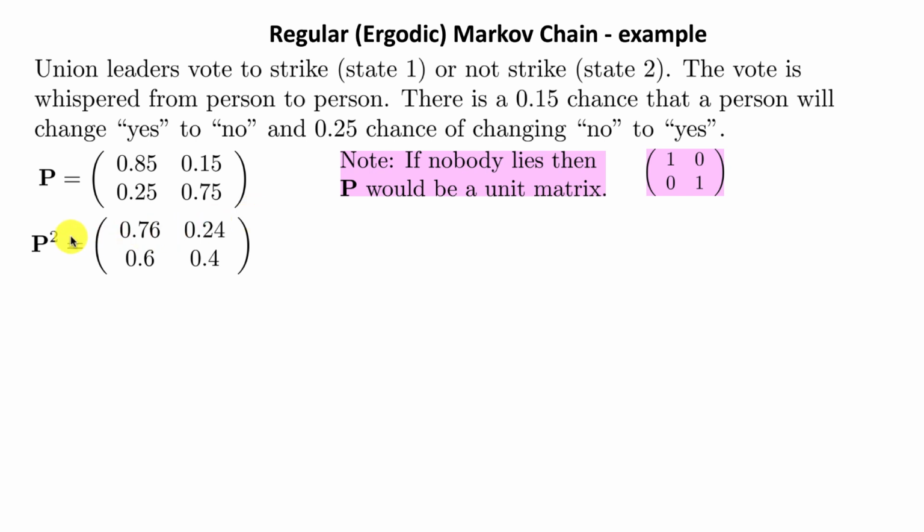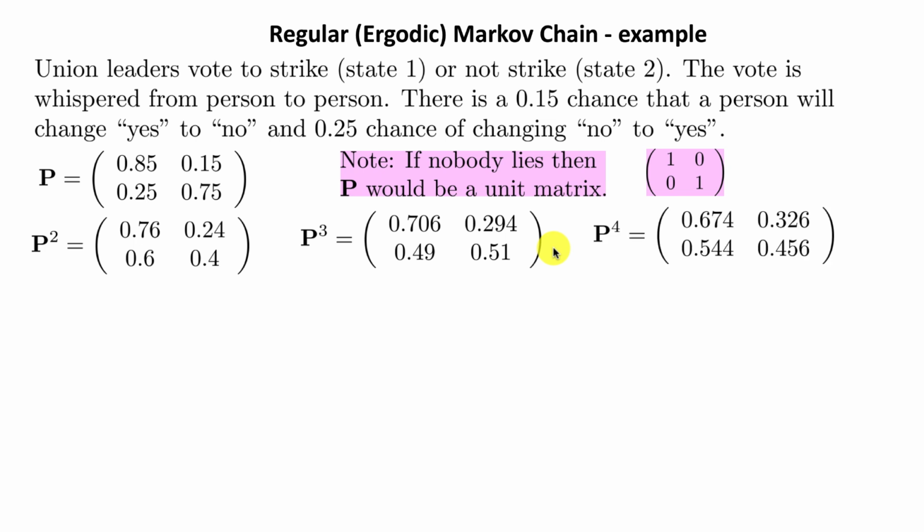So if the news is passed on twice, then simply multiply this matrix P by itself and you will get this. Multiply it 3 times, so P cubed then is this. Multiply it 4 times, you get this, P to the 4.